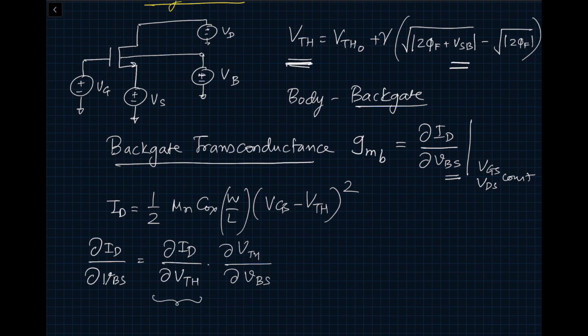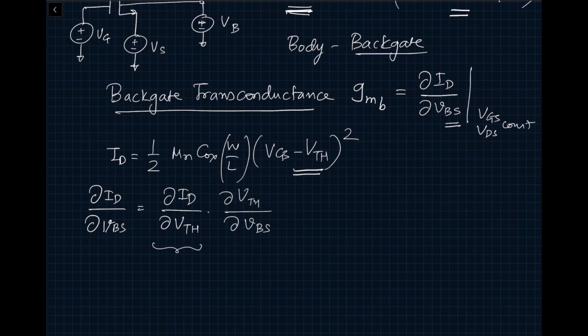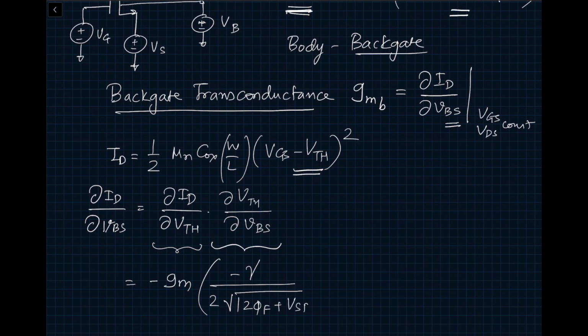This is nothing but minus gm, because there is a negative sign due to the minus here. So this will look like minus gm, and if you calculate the expression for del VTH by del VBS, that will come out to be minus gamma over 2 times square root of 2 phi f plus VSB.